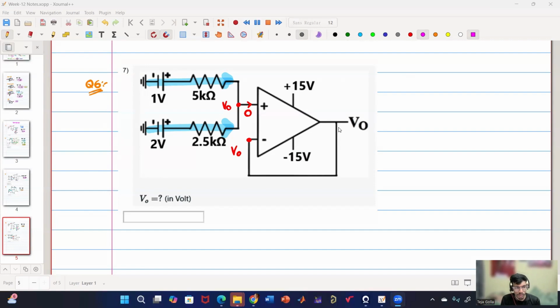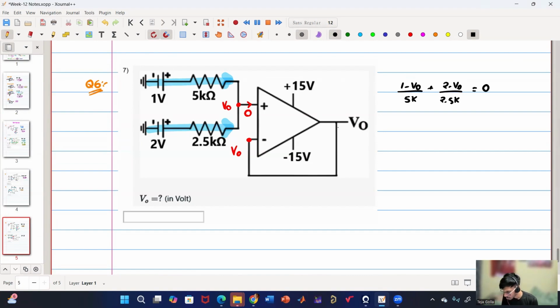So, okay. How to solve for V naught? Anyone? No one? We have to apply KCL. So, what is the expression for KCL? 1 minus V naught by 5K plus 2 minus V naught by 2.5K equal to 0.